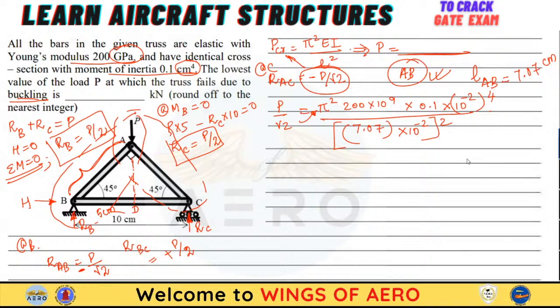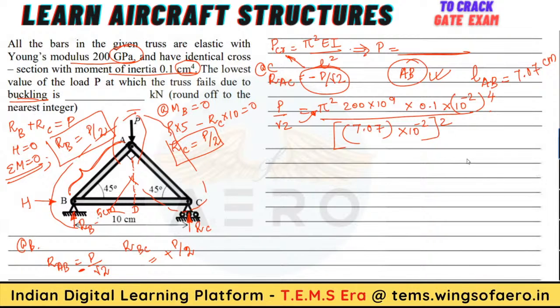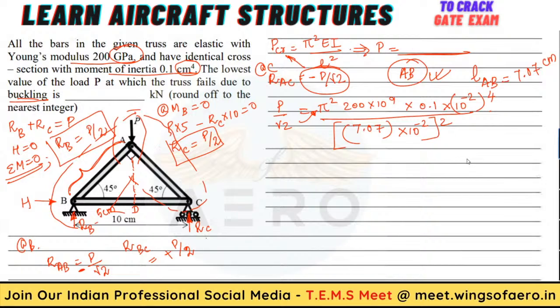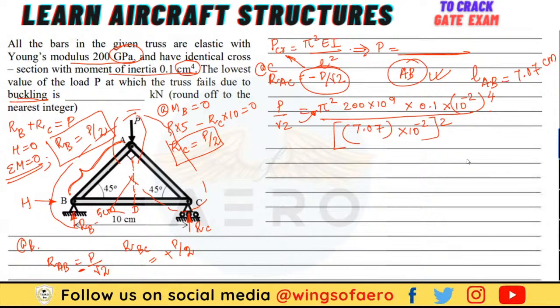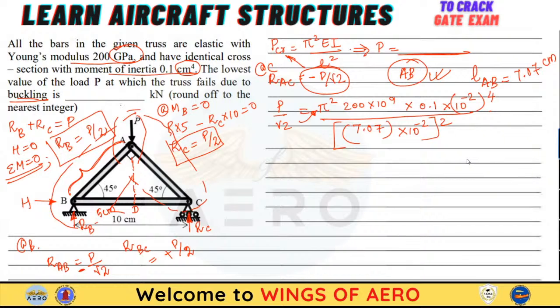No, no. Here they have not given any end conditions. We don't have hinge and roller in buckling of the column. Our main motive here is to find the length of this member alone. We cannot use the end conditions. Here they have not mentioned the ends. They have only said that this member is going to buckle.